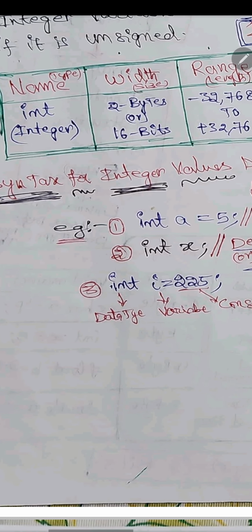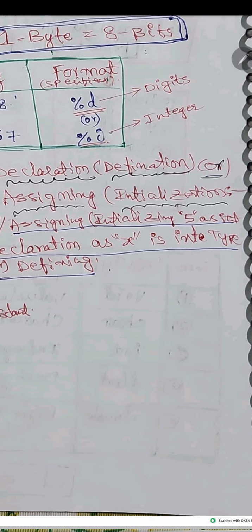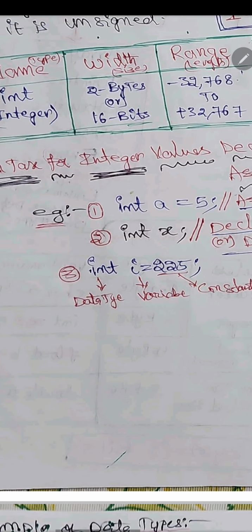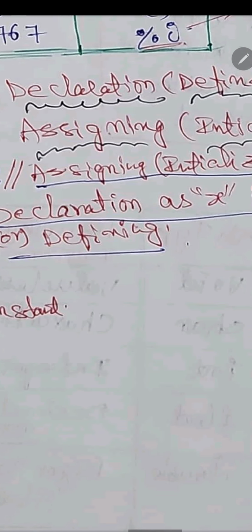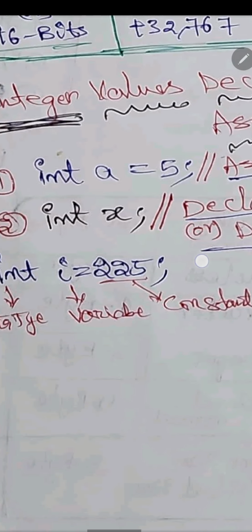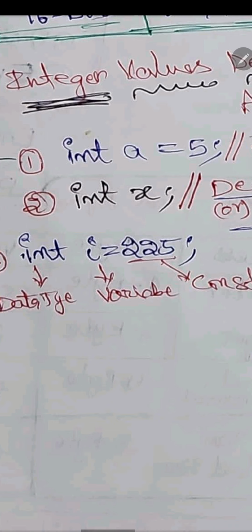And the syntax for integer value declaration. If this is asked as a data types SMS question, you need to write all the matter which I am telling now. Int x is called a declaration of x as integer type, or definition.